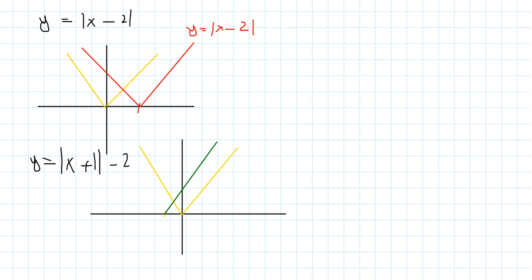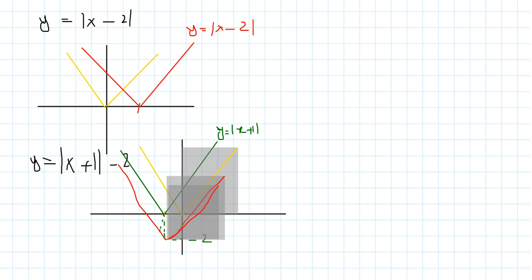It is the shift on the x-axis, so it is y equals absolute x plus 1. Now the vertex should shift to minus 2. So find minus 2. Suppose that here is minus 2. So I shifted it and drew this graph, although this graph is not very good.